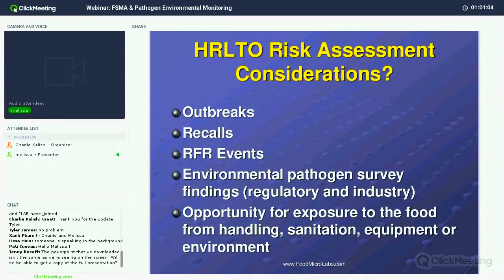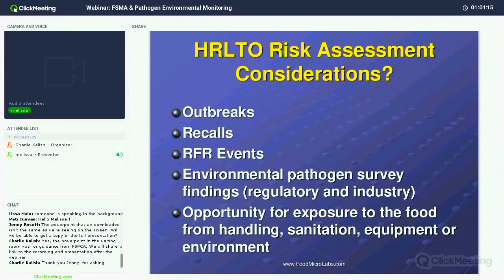When we talk about whether the hazard is reasonably likely to occur, that involves risk assessment and consideration of outbreaks of illness in the past, recall events, Reportable Food Registry events, what environmental pathogen survey findings have happened in the past, and the opportunity for exposure of the food to pathogens from handling, sanitation, equipment, or environment.